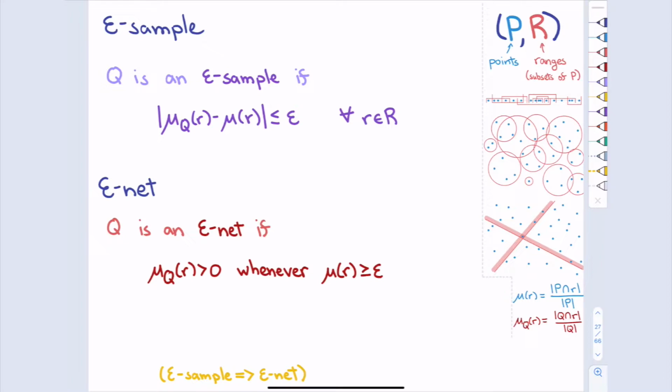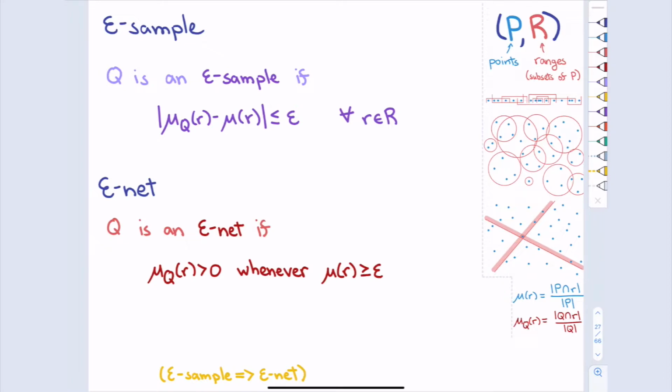Q is an epsilon net if for any range that's at least epsilon heavy, so it contains at least an epsilon fraction of the points, I'm sampling at least 1 point from the range, which is the same as saying the measure is non-zero. In the first one, I'm trying to estimate the measure of every range. The second one, I'm just trying to make sure I hit all of the epsilon heavy ranges. They both have their respective applications.